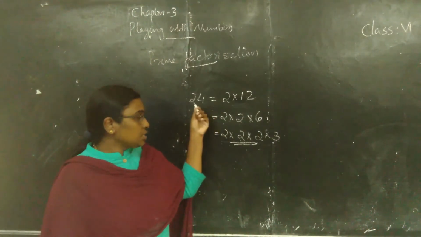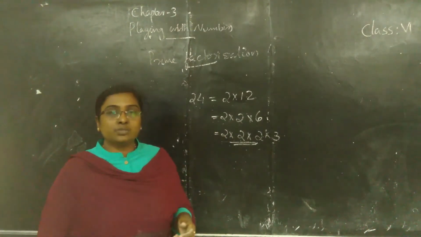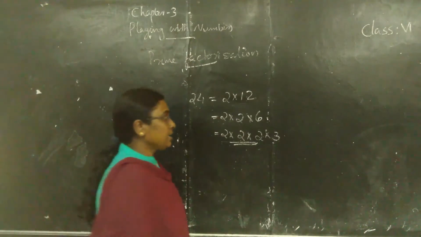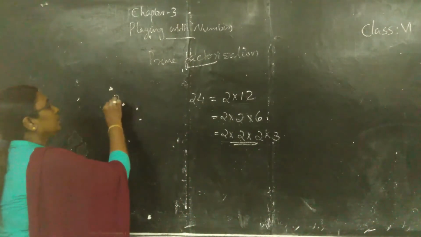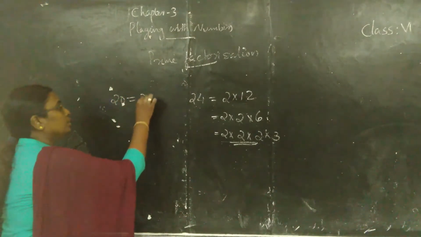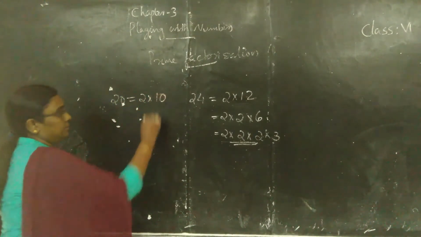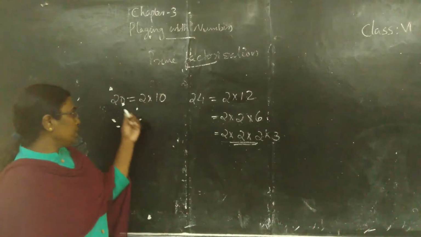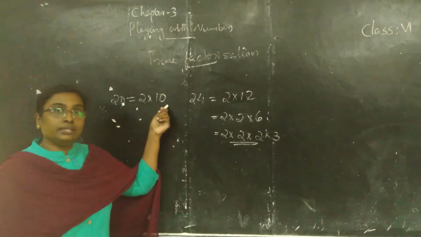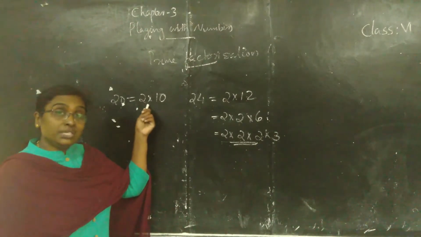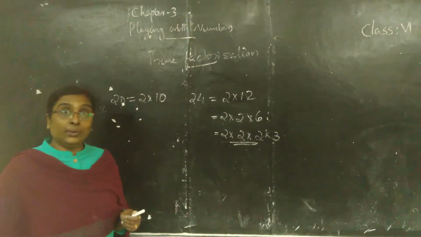That is 24. Any number can be expressed as a product of two numbers. Another example is 20. 20 equal to 2 into 10. We can say 20 is expressed as a product of two factors. Here the factors are 2 and 10. But 2 is a prime number and 10 is not a prime number.